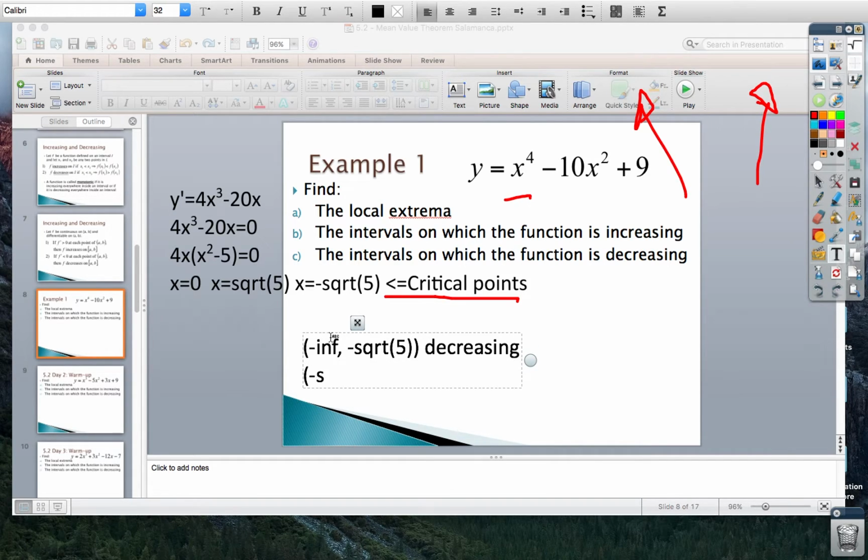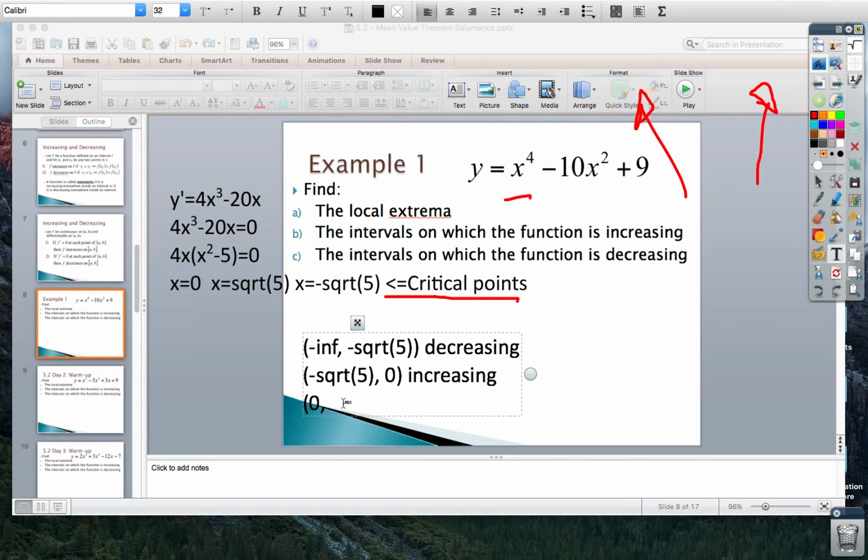And then we know from negative square root 5 to positive square root 5, this thing is increasing because it's always alternating. And then from square root 5 to, oh shoot, I forgot the 0. Let's try that again. From negative square root 5 to 0, it's increasing.